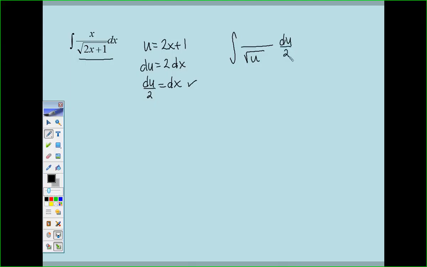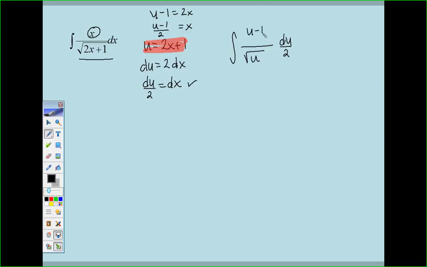But notice we haven't replaced this x. So we're going to go to our relationship here, and we are going to solve for x. So we're going to subtract 1 from both sides and then divide by 2. So we'd have u minus 1 divided by 2 equals x. Now we have a way to replace x in terms of u.